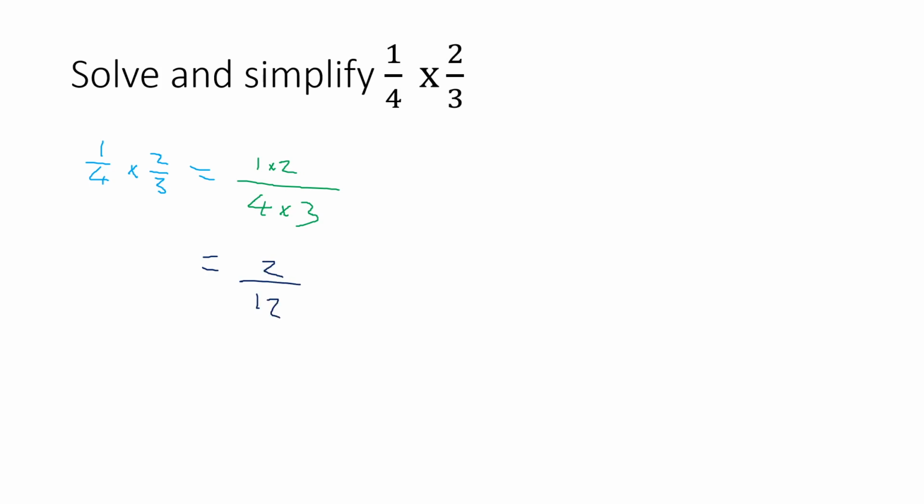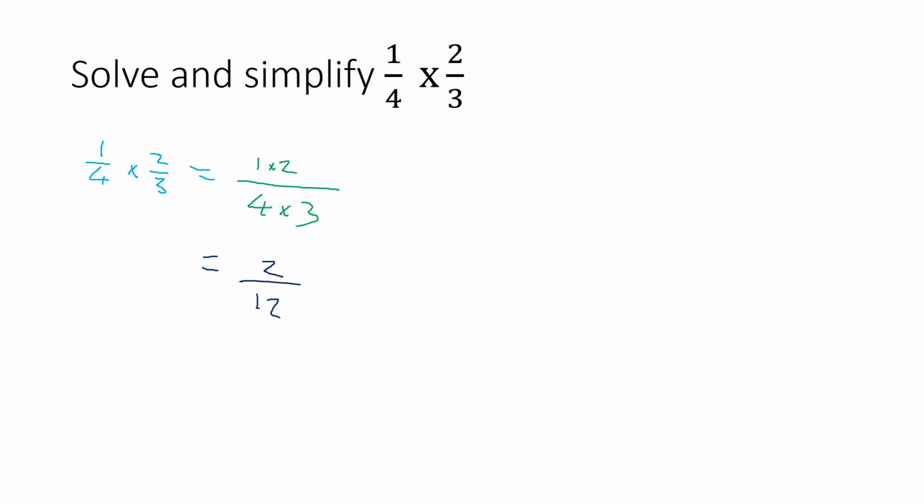But let's think about this. Are there any common numbers that can be divided into each one, numerator and denominator, to still be equal to the same value? So 1 and 3, do they have any common factors? No, they don't, because 3 is prime and 1 is 1. 2 and 4 are both even, which means they're both divisible by 2.